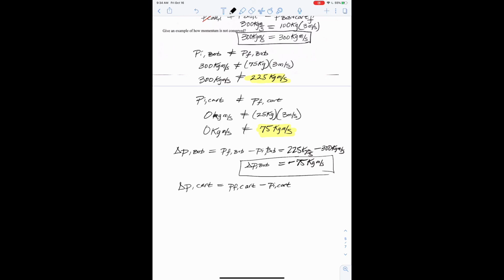All right, so let's go ahead and solve this. PF of the cart is 75. PI is 0.